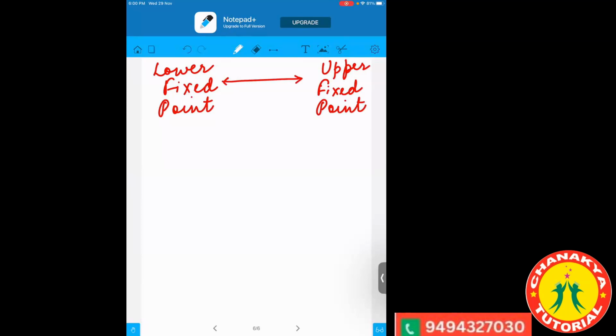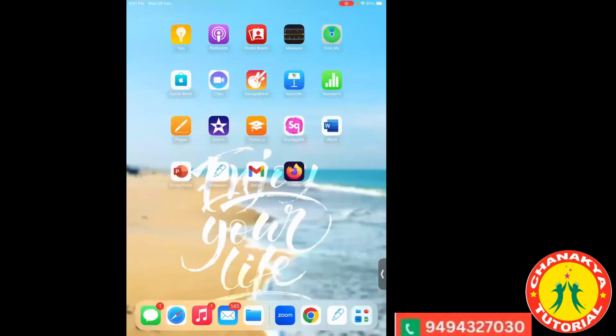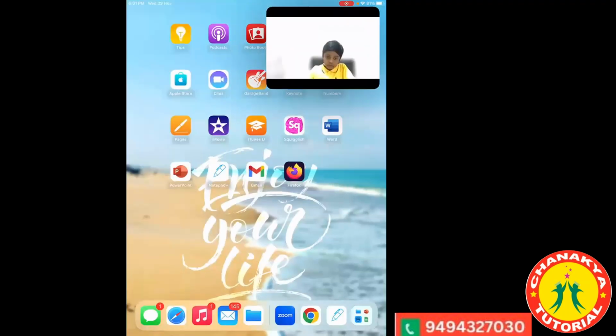Now, if we want to find the conversion relation, whatever the temperature is, we need to find it using the lower fixed point and upper fixed point on the scale. How will we do it?